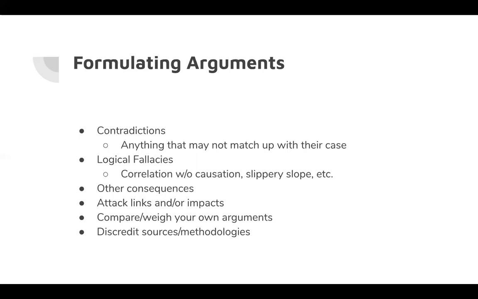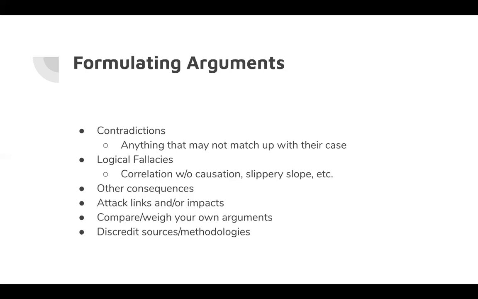You really want to go ahead and point these out. Contradictions are huge and really eye-opening or appealing to the judge. Also, you can point out logical fallacies like correlation without causation, slippery slope, etc., although you might not phrase them exactly as that. And you can go ahead and point out other negative consequences that their case could have.